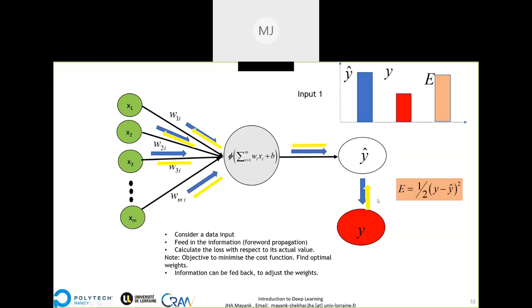If the error is not zero, it means there is some loss. If there is some loss, then it is fed back into the network, and the idea is to change the weights of the network in such a way that this loss in yellow is minimized. So eventually, in the most ideal scenario, your weights will be optimal.